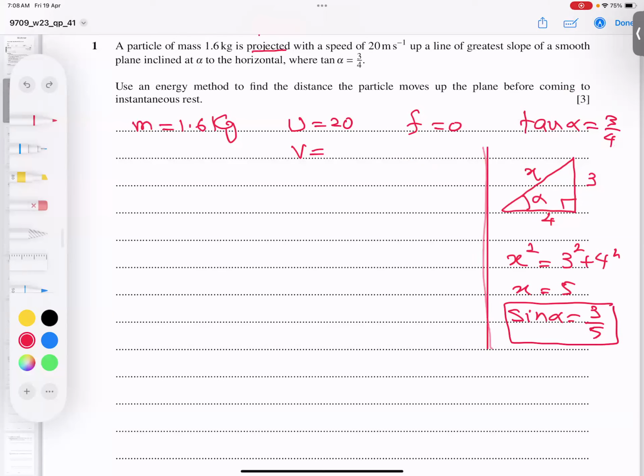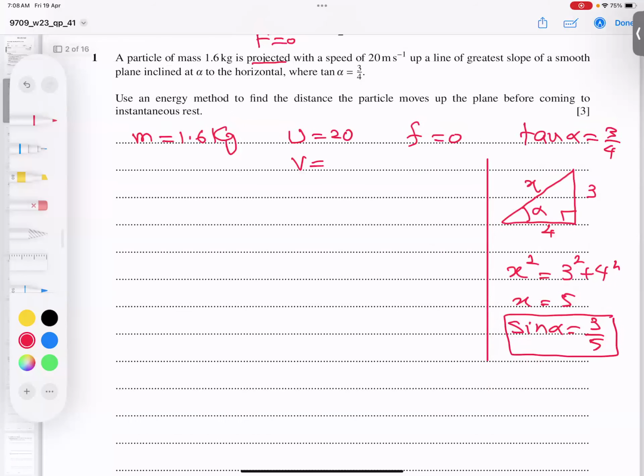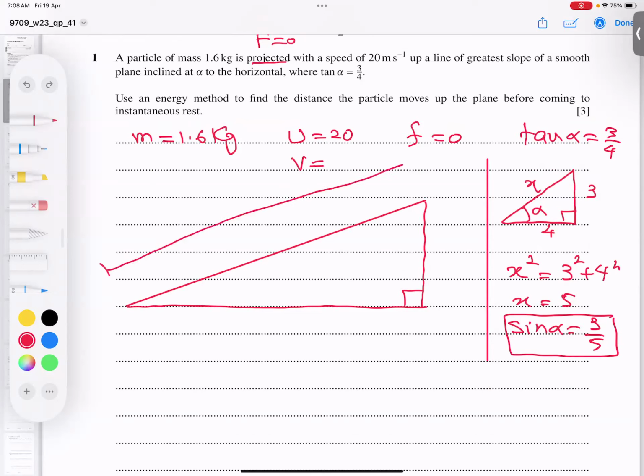So let's go for the diagram. According to the situation, the particle is thrown up, and finally it will stop at the peak on the top. This is the distance from here till here.